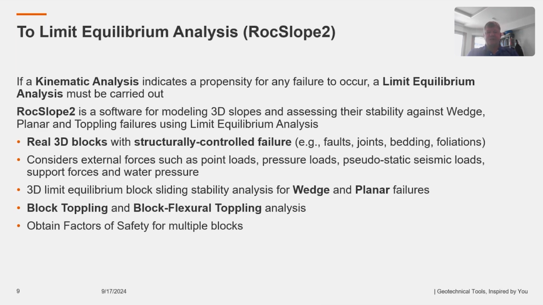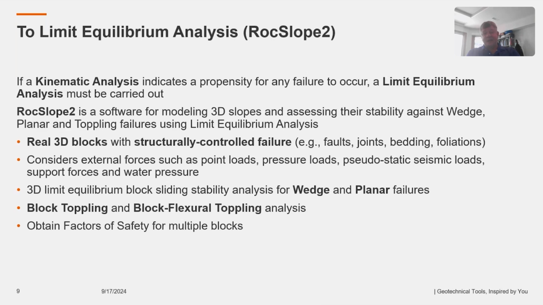It's a very simplistic algorithm. It's not limit equilibrium. It has very little physics associated with it, but it gives you a really good idea of whether you're going to get or expect failure on your slope.